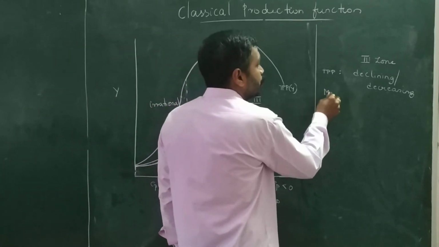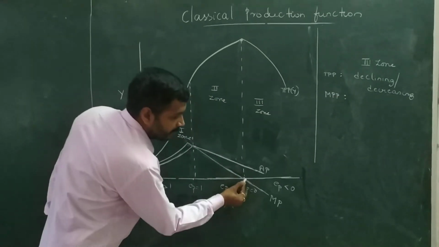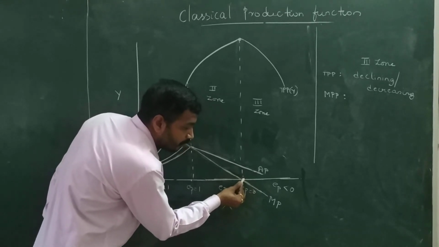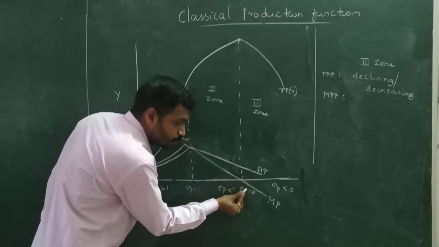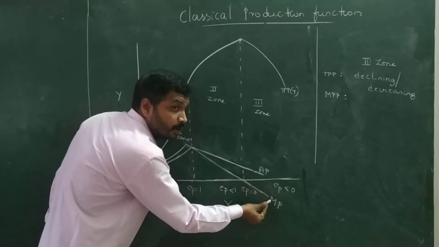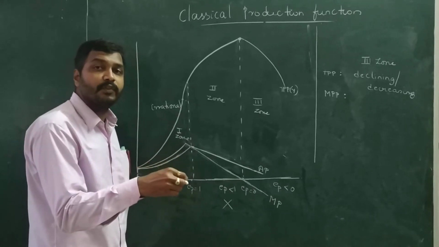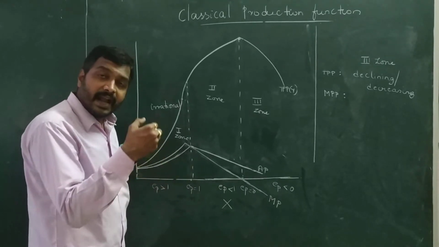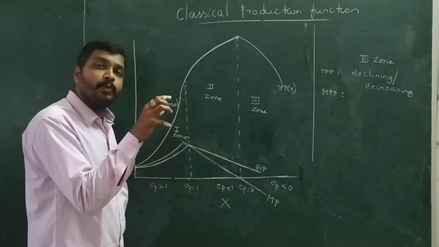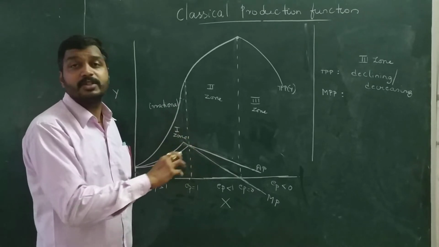And if you look into the MPP, at the beginning of the third zone it is 0. Thereafter it becomes negative. That means if a farmer uses an additional unit of input, rather than adding something to the output, it will reduce the output he realized from the previous unit, which is not a good sign.